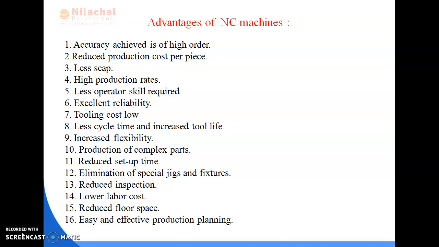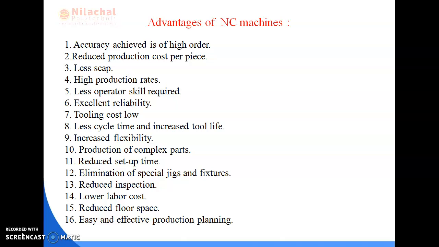Less scrap, high production rate, means in minutes also we can produce 1000 or lakhs of workpieces. Less operator skill required. Excellent reliability. Tooling cost is low. Less cycle time and increased tool life.